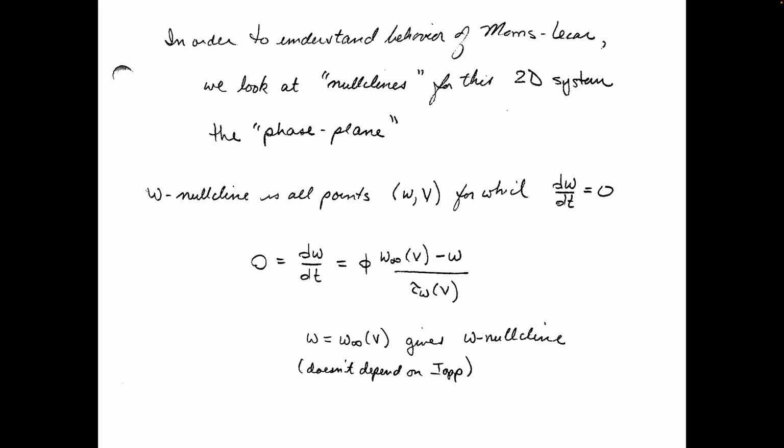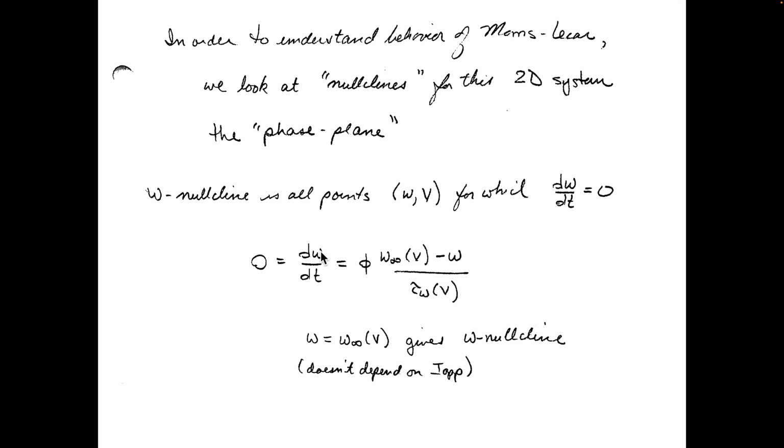So remember that an important set of points in the phase plane are referred to as the nullclines. The W nullcline is all the points in the phase plane for which the rate of change of W is 0. In this case, setting the left-hand side of the equation for the rate of change of W to 0 shows that the way you can make this 0 is by having W be equal to its steady state value for any given voltage.